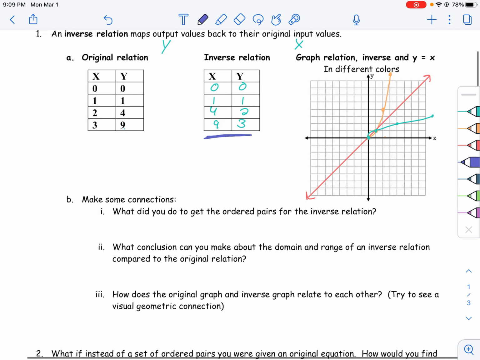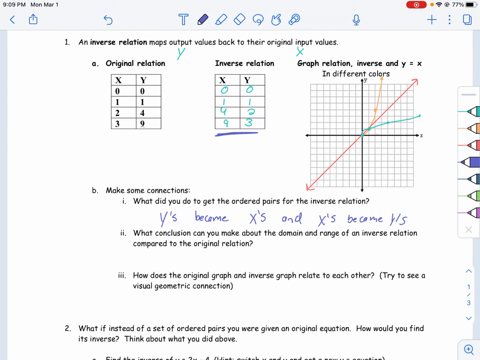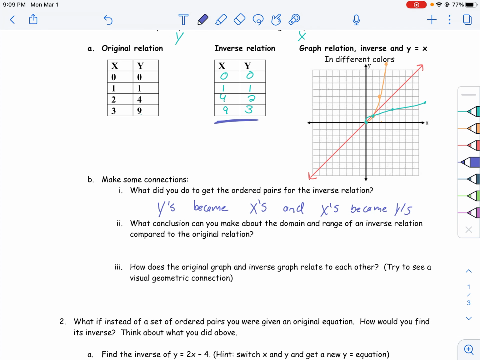So, what did you get the ordered pairs for the inverse relation to be? Okay, so the ordered pairs here for the inverse relation, we can basically just say that the y's became x's, and x's became y's, right? Just like yesterday we talked about how the x's and y's swapped. So what conclusion can we make about the domain and range of an inverse relation compared to the original relation?